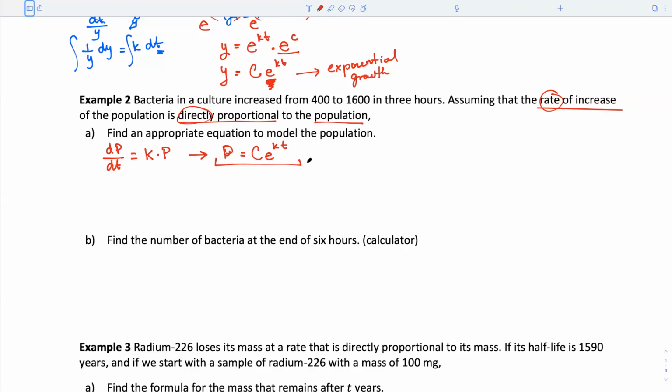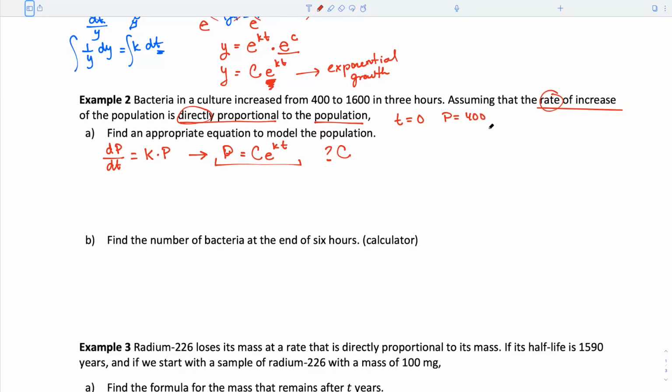Now we're given 2 pieces of information to figure out what our c is. So now that we have this, we want to basically figure out what is our c. The 2 pieces of information that they gave us is that t equals 0, p is 400.